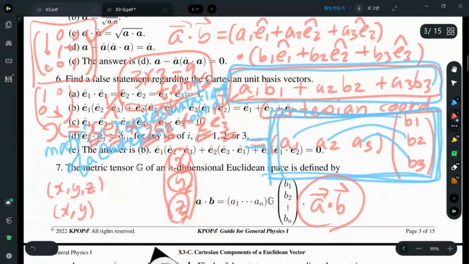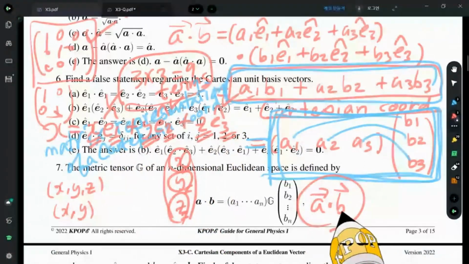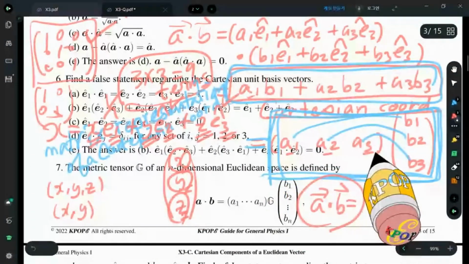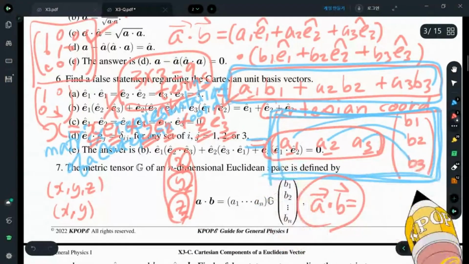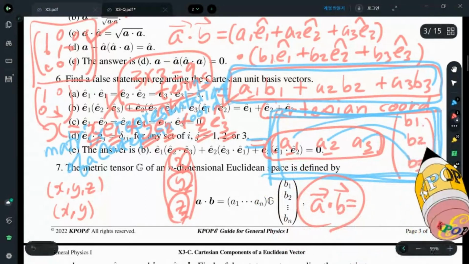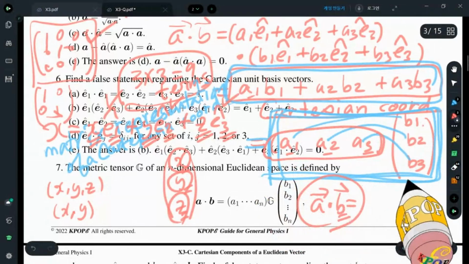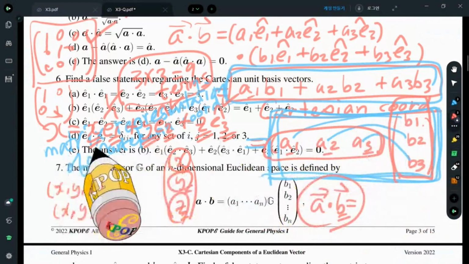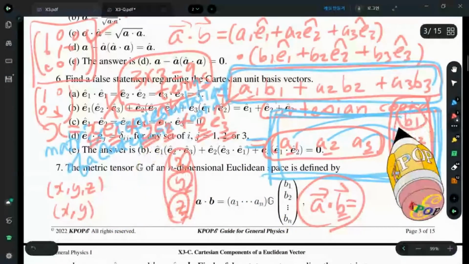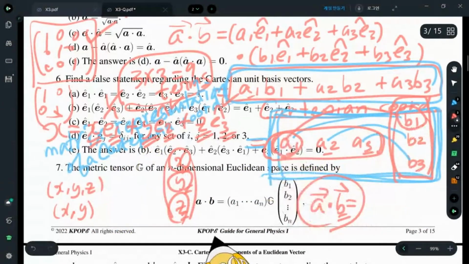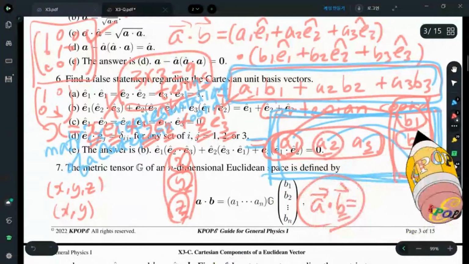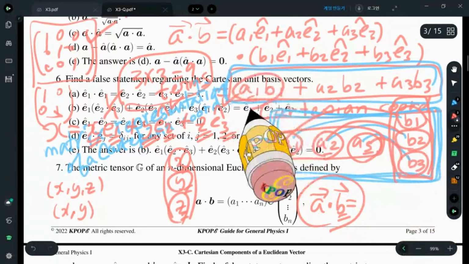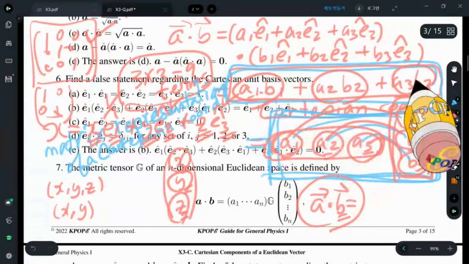For the scalar product, I can write the first, second, third Cartesian components as a row. On the right side, the first, second, third Cartesian components of the B vector as a column. Multiplication in this matrix representation is just multiplying the first elements, the second elements, and the third elements, and adding them up.